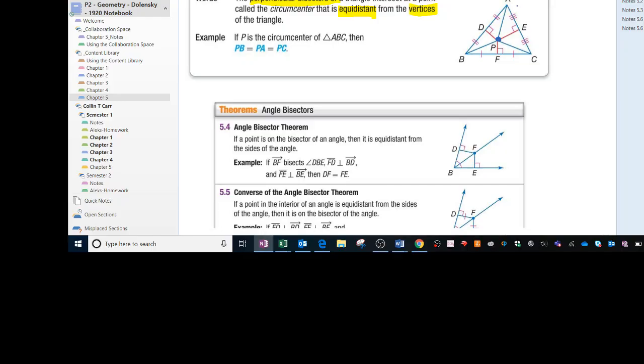So if I just do a black mark, that means that this one here and this one here and this one here are all the same distance. Okay? That's what circumcenter means. And the way that I remember it is I circumscribe, which is go around the outside of the circle. Okay?